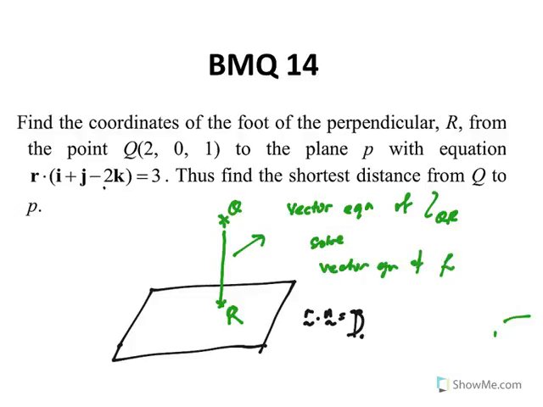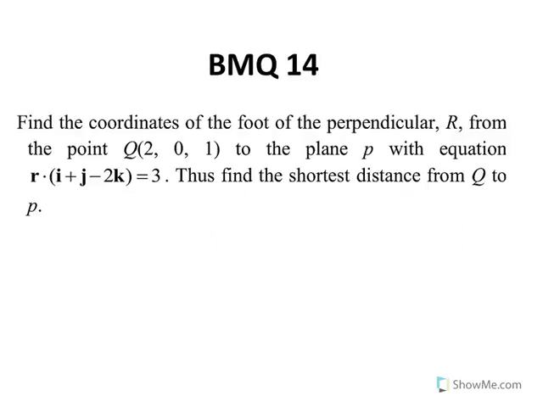Next up, find the coordinates of the foot of the perpendicular R from the point Q to the plane with the equation r dot (1, 1, -2) equals 3. We have a point Q, which is (2, 0, 1). Going downwards, it intersects the plane at point R, which we don't know yet.